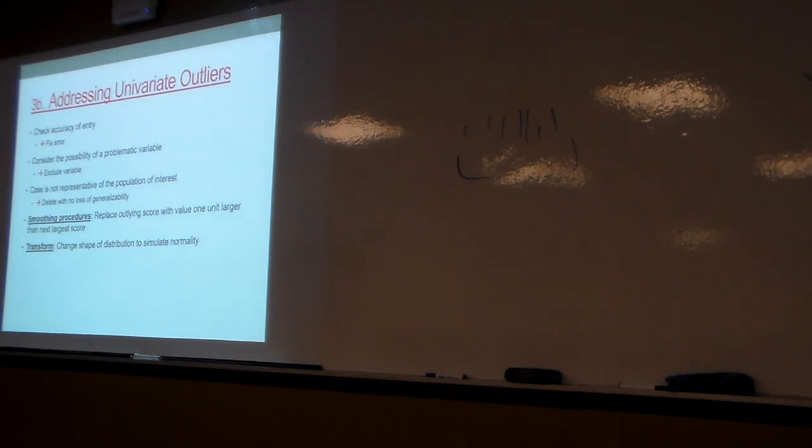I might take the 15, set it to 9, and the 20, set it to 10. Those individuals still rank order as the most severe cases in the set, but we've smoothed those scores to reduce the fact that they're way out there and going to drag the whole mean out to the end.